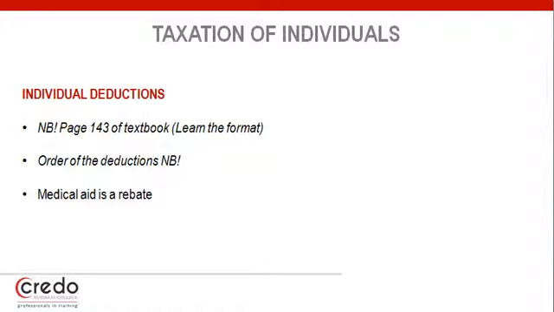Now I've made mention of page 143 of your textbook. The format is very important. You need to know the order of your deductions. Medical aid is no longer a deduction. It is seen as a rebate. So when we made mention of section 6A and 6B rebate, this is what it refers to. These deductions are important.